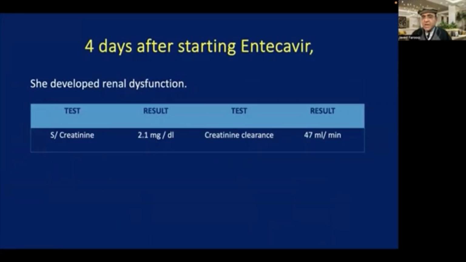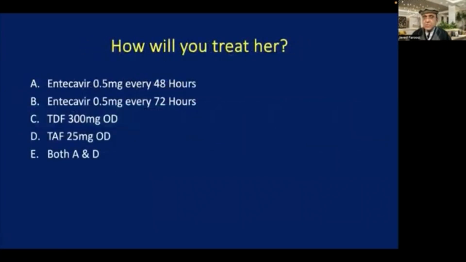4 days after starting on entecavir, you started this patient on entecavir, she developed renal dysfunction. Her creatinine was 2.1 and creatinine clearance dropped to 47 ml per minute. So the question is, how will you treat her?